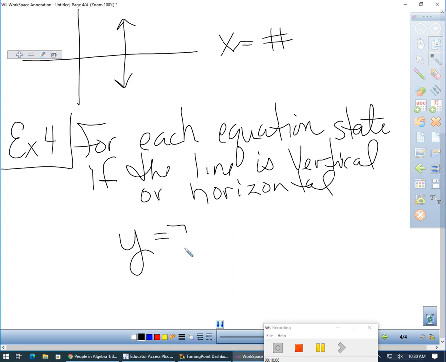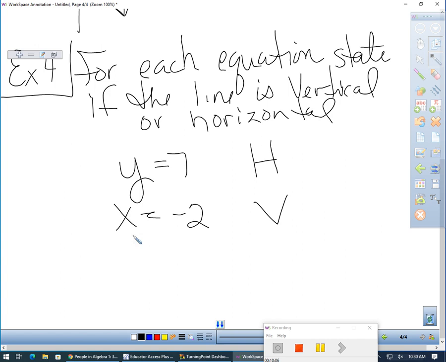Y equals 7. Horizontal, you just have to put an H. X equals -2. Put a V. How about x equals 1? Okay? That's literally all you're doing through 12 through 14. Okay, we're still good?